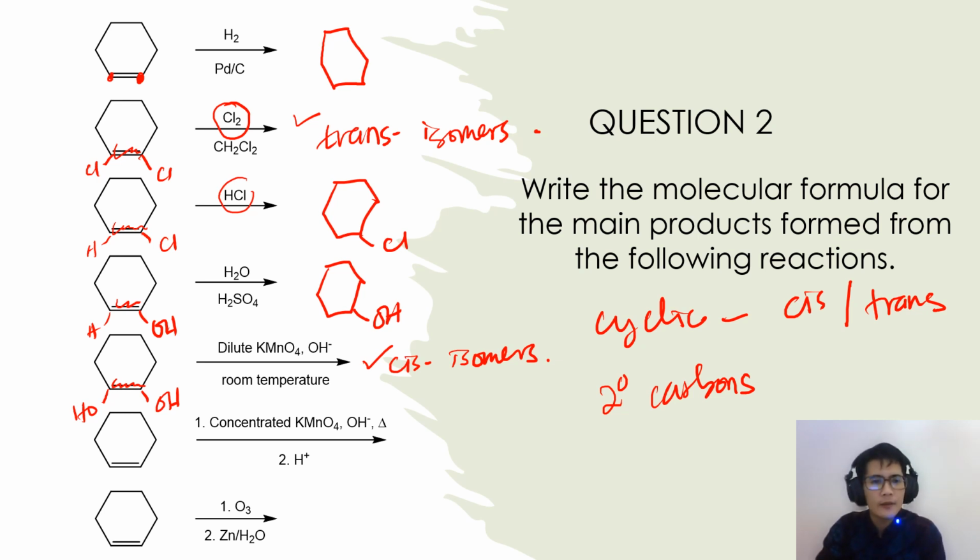Okay, number 6, when you break this bond, okay, actually it does not form two products, okay, but only one product. Okay, you just break the C double bond C, so you still get the molecule, only one molecule, 1, 2, 3, 4, 5, so you 6. Okay, you just draw 6. 1, 2, 3, 4, 5, 6.